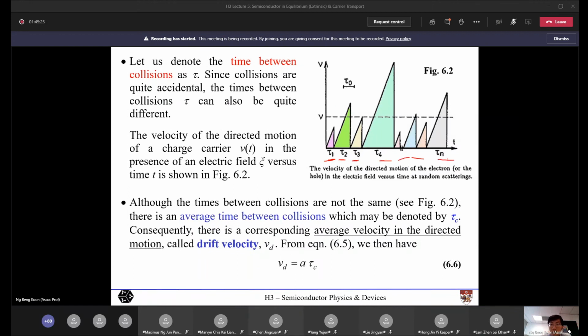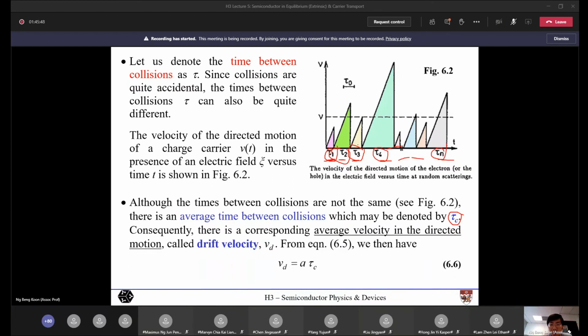The time that you can move freely is like a random variable, with different possibilities. Sometimes it's a bit longer, sometimes a bit shorter. Out of these different possibilities, we can define the average time between collisions, tau c.